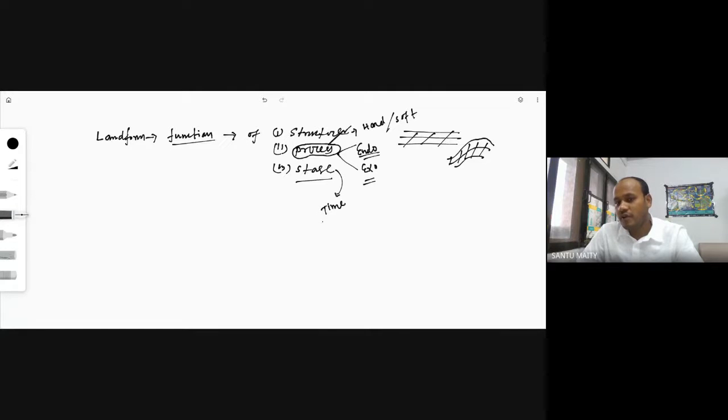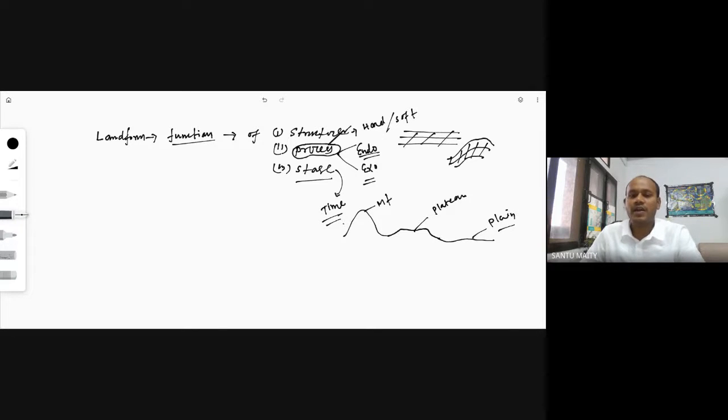That means the formation of each and every landform, whether it is a mountain, a plateau, or a plain. As for example, this is a mountain, this we can conceptualize as a plateau, and this we can conceptualize as a plain. Whatever the landform types, the formation of all the landforms is dependent on the time, that means the geological time.